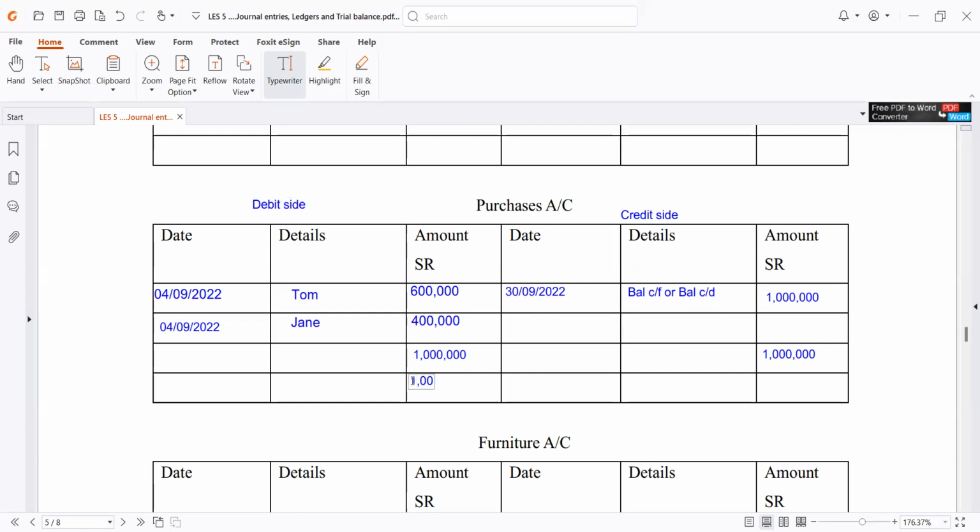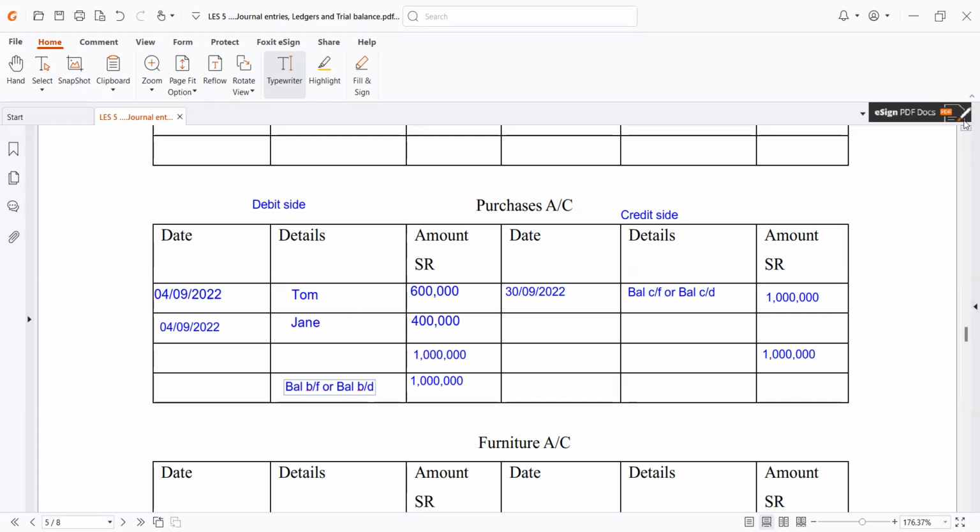And you write here balance brought forward, or balance brought down. And the amount is 1 million. So it's on the debit side. That is for purchases account. So purchases account, we have it on the debit side and the figure is 1 million.